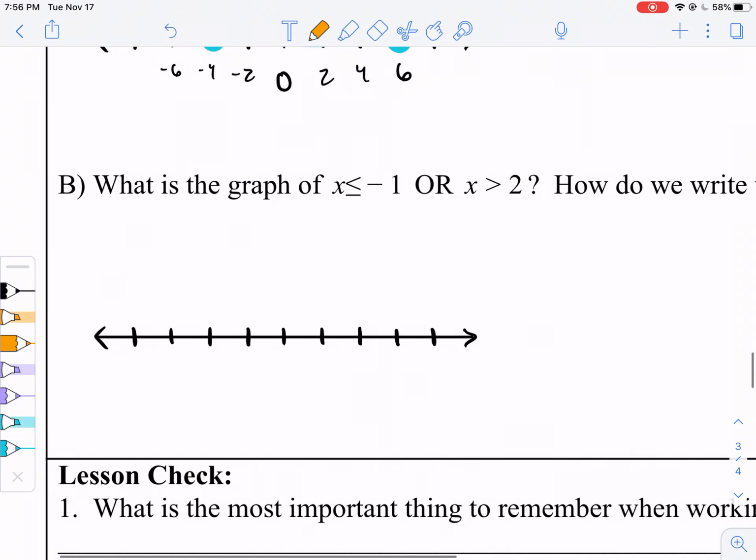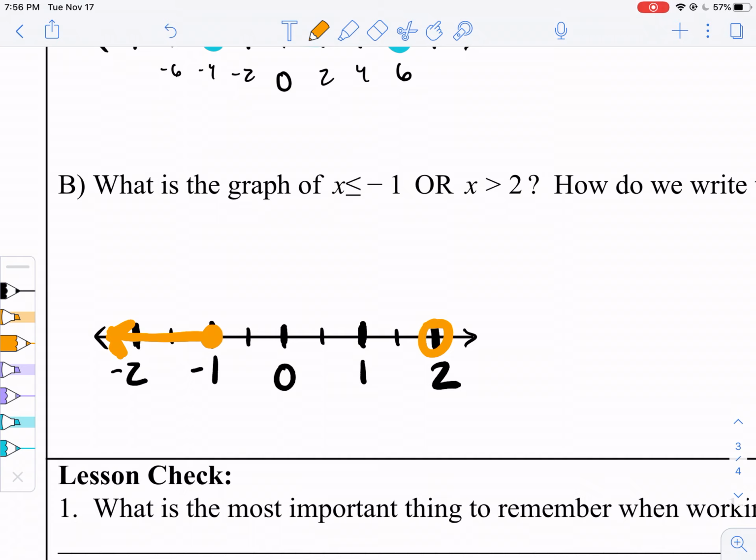Oh, we need to put some numbers on our number line real quick. So we have 0, -1, -2, 0, 1, 2. Now, x is less than or equal to -1 is a solid dot going down forever that way. And then x is greater than 2, open, going that way.